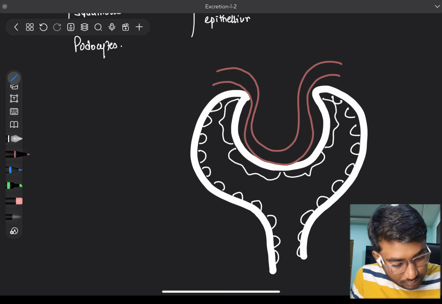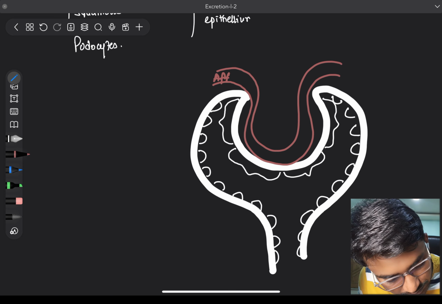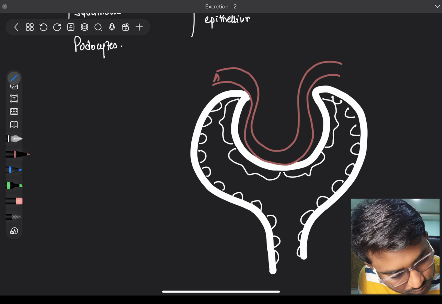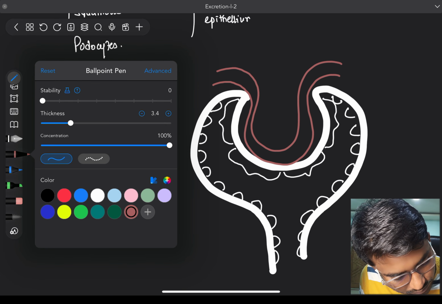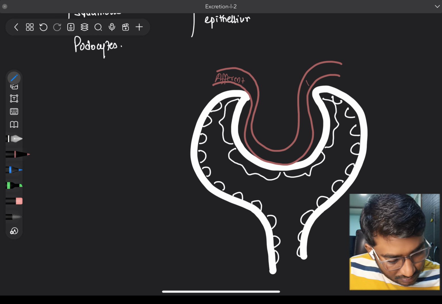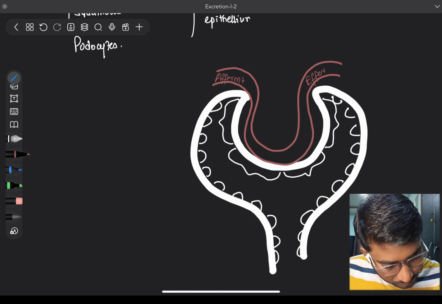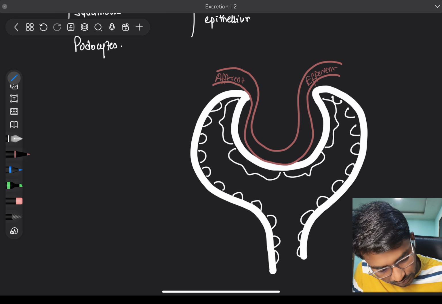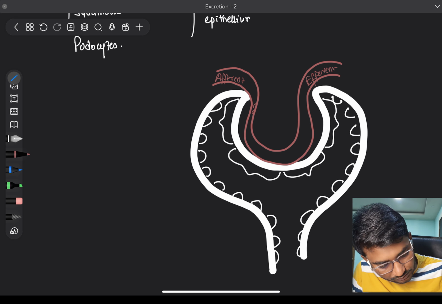So this one is afferent and this is efferent. It contains various tissues.